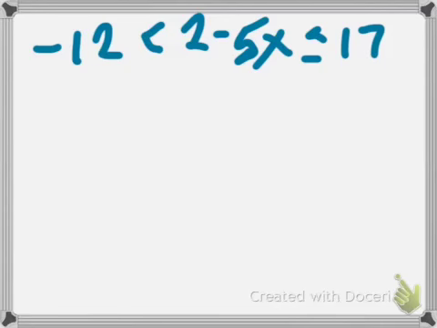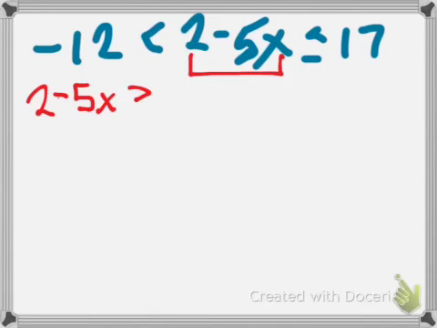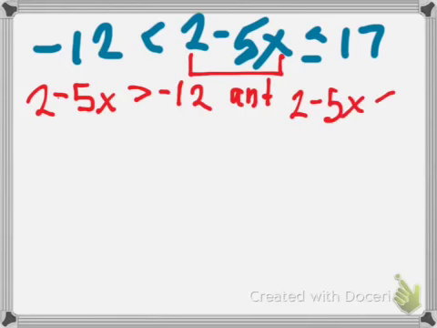And I'm going to change my marker because that's a little bit too big. Okay, so here is our inside, 2 minus 5x, and that is greater than negative 12, and 2 minus 5x is less than or equal to 17.